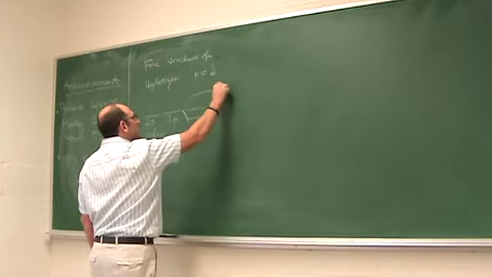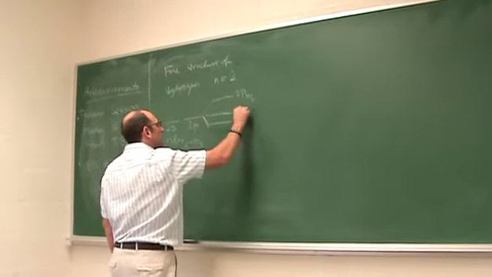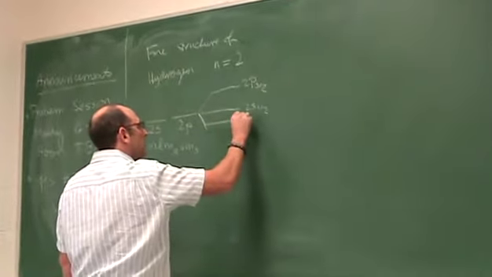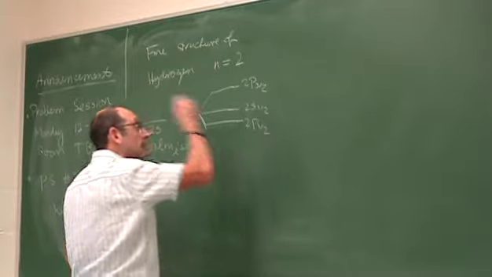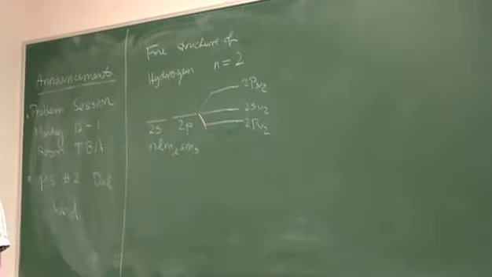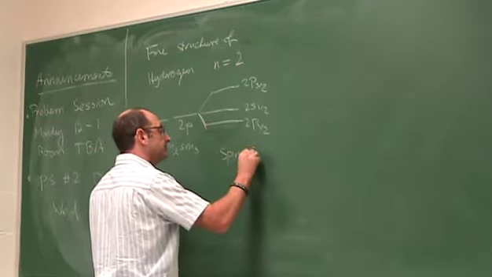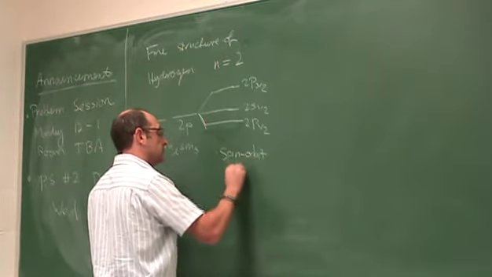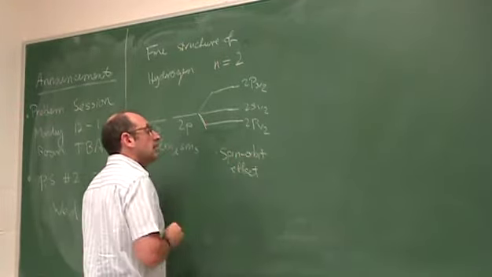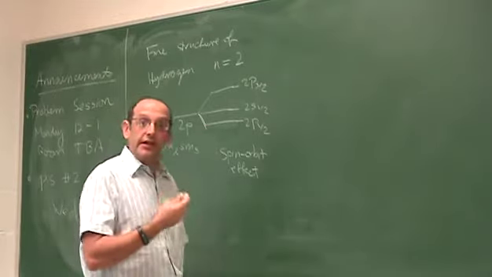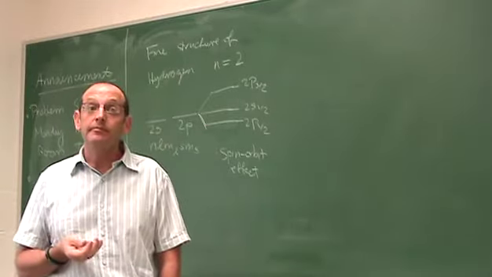with a new set of quantum numbers and a new notation that we reviewed, where this is due to the spin orbit, which is a magnetic effect.